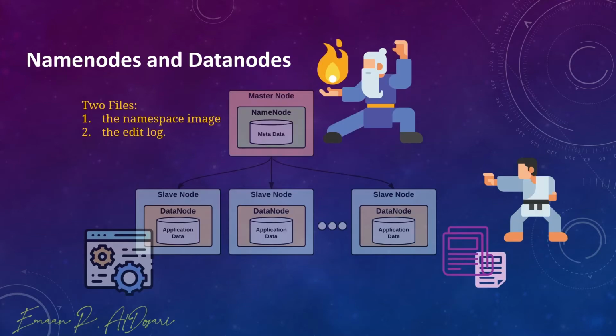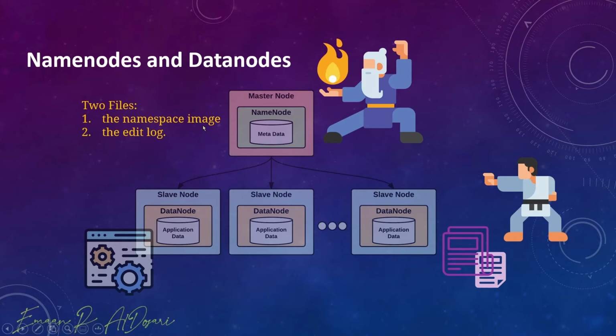The second point is the name node and the data node, and what's the difference between them. The name node is like the master, and that master has the job to manage our files. And we have two kinds of files, the namespace image and the edit log.